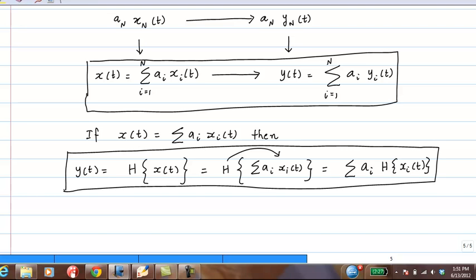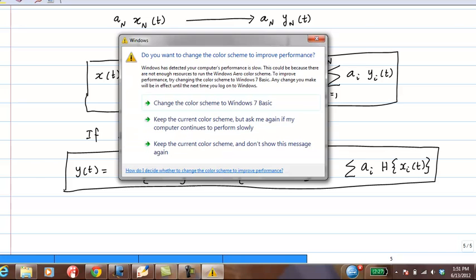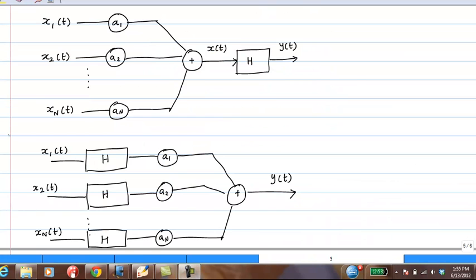So this is essentially what linearity means mathematically. But intuitively, if a signal can be thought of as the sum of two input signals, the output corresponding to this signal can be derived by looking at the outputs corresponding to x1 and x2 and then just adding. The linearity property can be shown pictorially using the following picture.